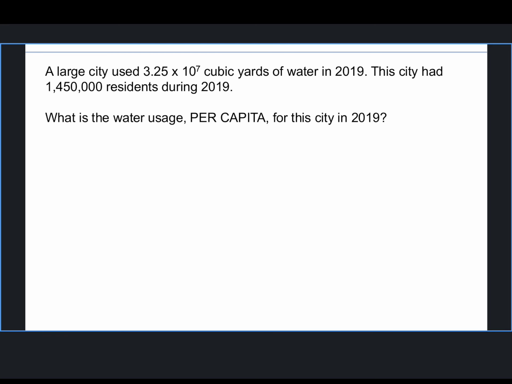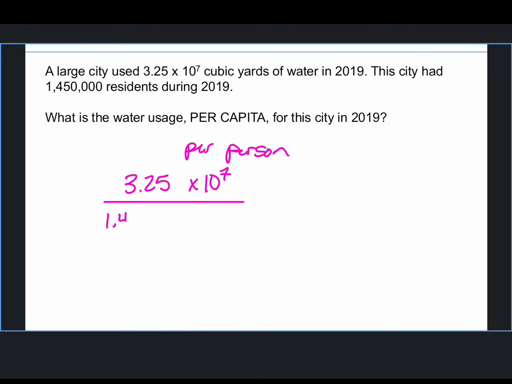Per person. So we take 3.25 times 10 to the 7th, and we divide by what? 1.45 times 10 to what power? To the 6th.